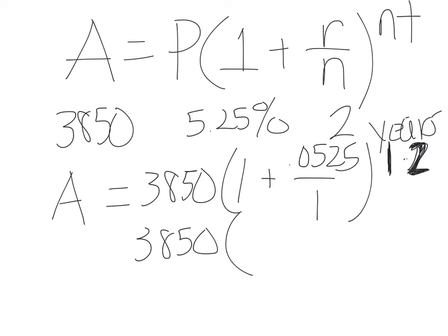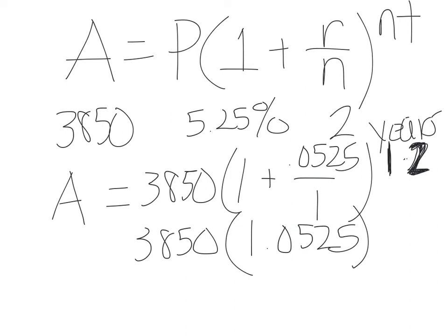If you say this number over 1, that's just this number. And 1 plus this number should look just like this, 1.0525, which means I basically just took this and added it as a decimal right after that. Hopefully that makes sense to you. And we don't need to do anything with this because it's a 1 right now.